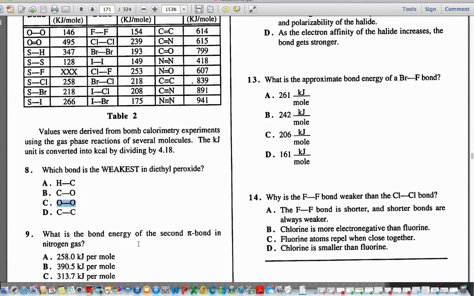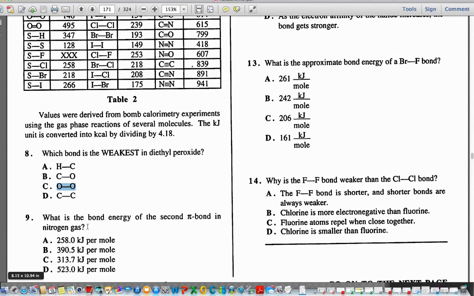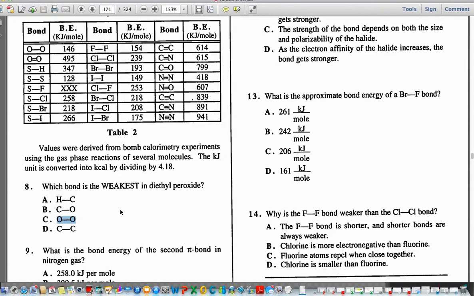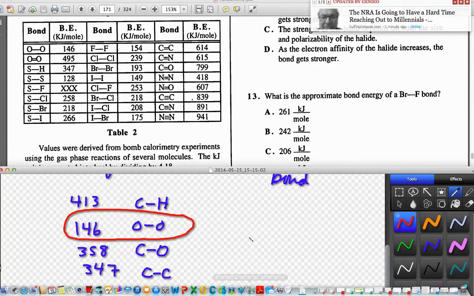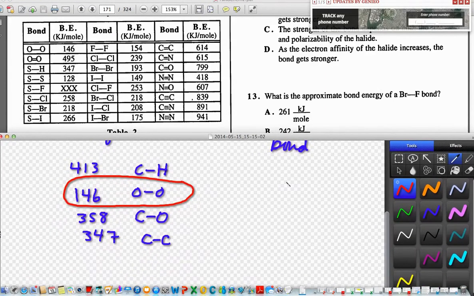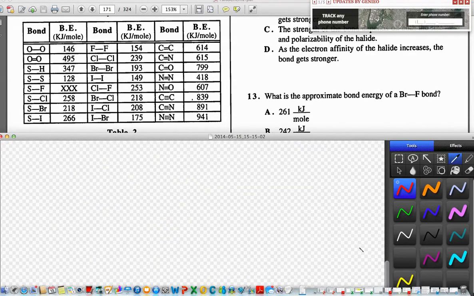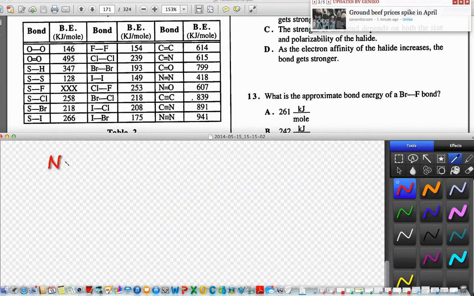Okay, what is the bond energy of the second pi bond in nitrogen gas? All we really need to do is look at nitrogen-nitrogen double bond versus nitrogen-nitrogen triple bond, because technically, the only difference is an extra pi bond.